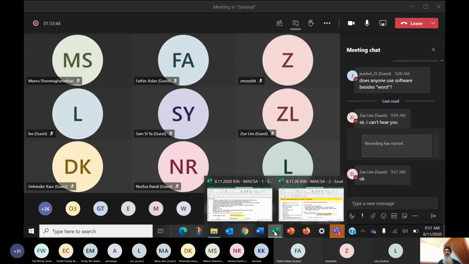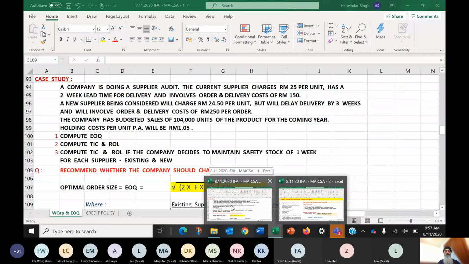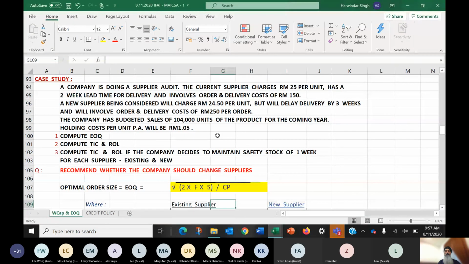Okay, so back to this. A company is doing a supplier audit. The current supplier charges 25 ringgit per unit, has a 2-week lead time for delivery, and involves order and delivery cost of 150, which means F, the cost of placing an order, is equal to 150.